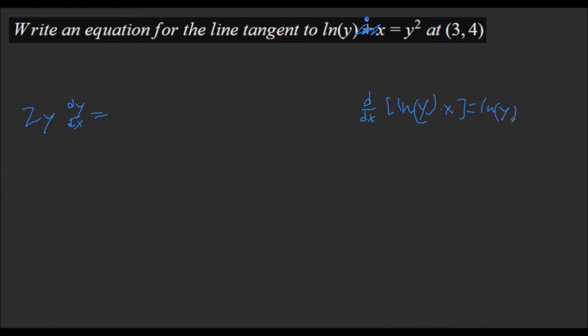So that part is quite simple. Plus the second term, x, times the derivative of the first term, natural log y. I'll write that down here. So the derivative of natural log y with respect to x is not necessarily complicated.